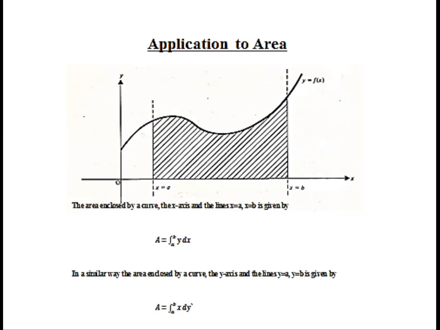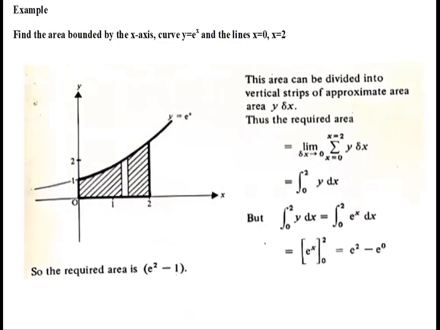Let's look at some examples. So look here. You have to find the area bounded by the curve y equal e to the x and the lines x equals 0 and x equal 2. So that's your graph there, a little sketch of it.